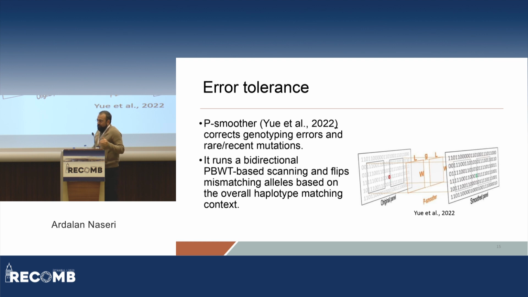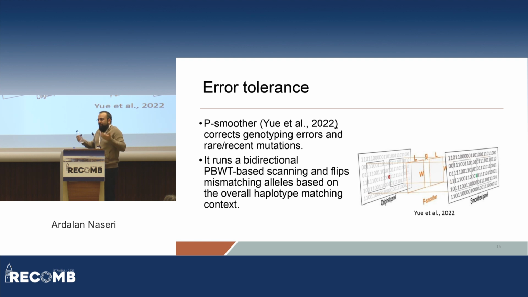To deal with that, we recently developed another algorithm to smooth the panel by looking at the matching block on the left and the matching block on the right of each variant site. If we have the same haplotypes matching from both sides, and there were just very few sites, 1 or 2, with a mismatch between those 2 sides, we smooth the panel.